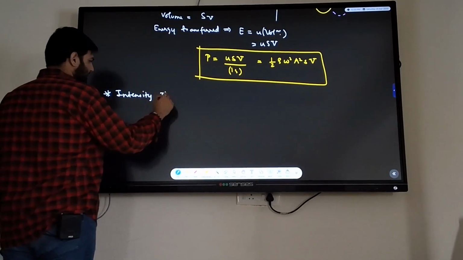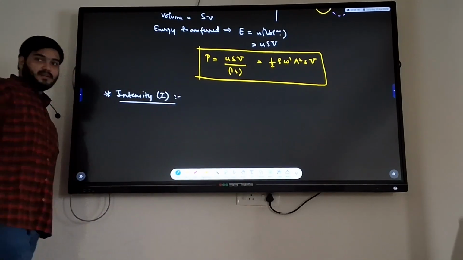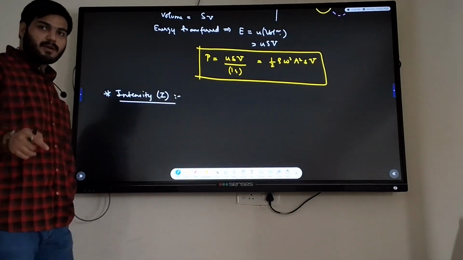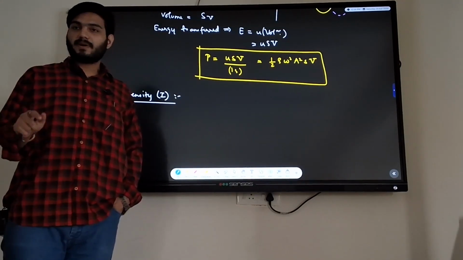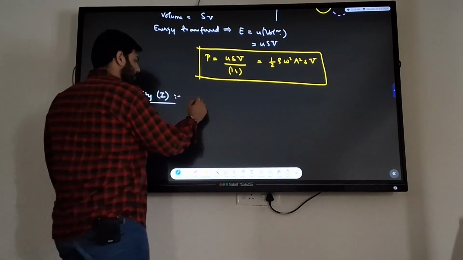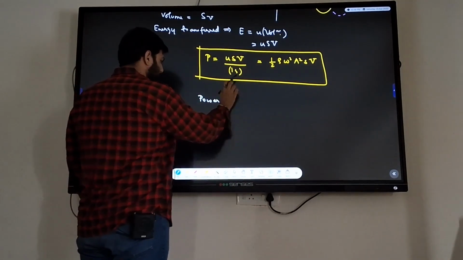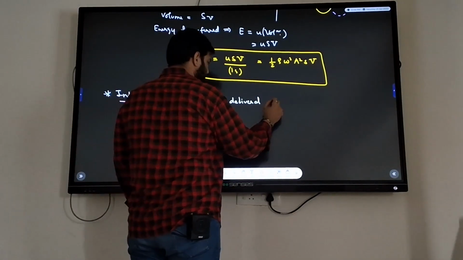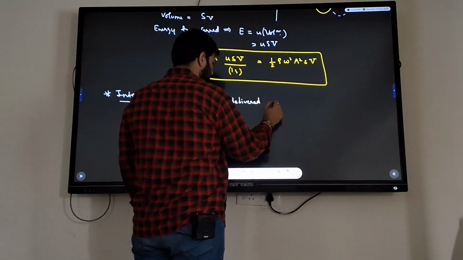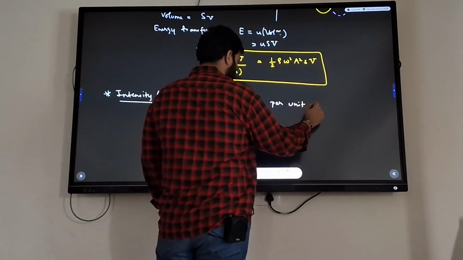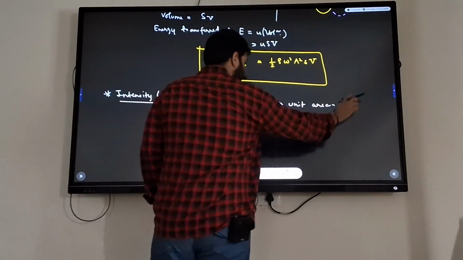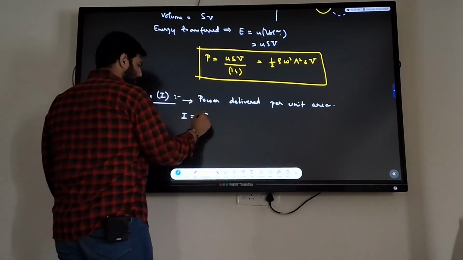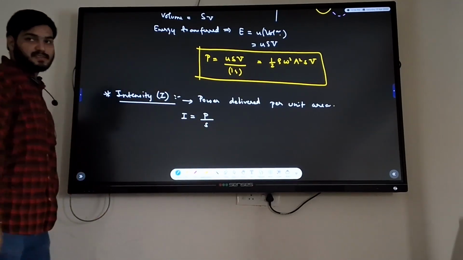How is intensity defined? That's power upon area. Power delivered per unit area, that's intensity. It should be P by S, where S is the cross section.